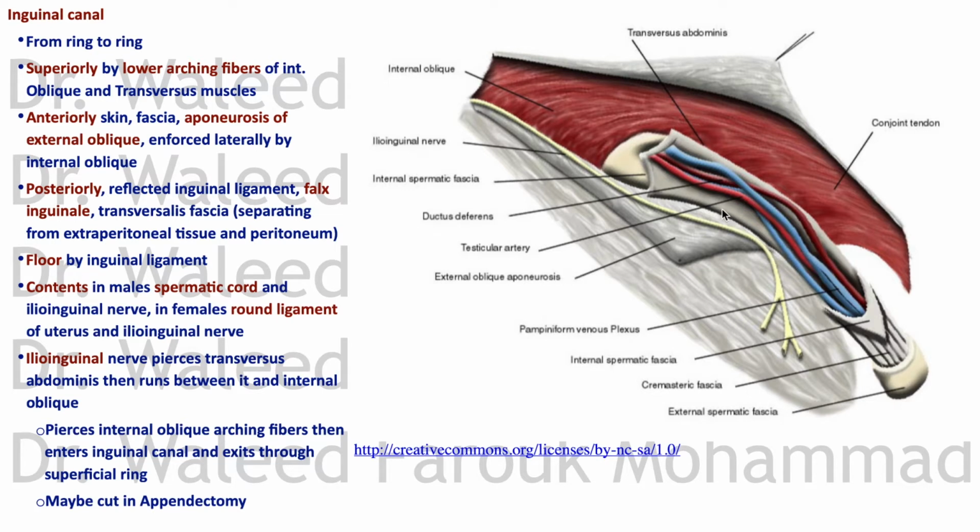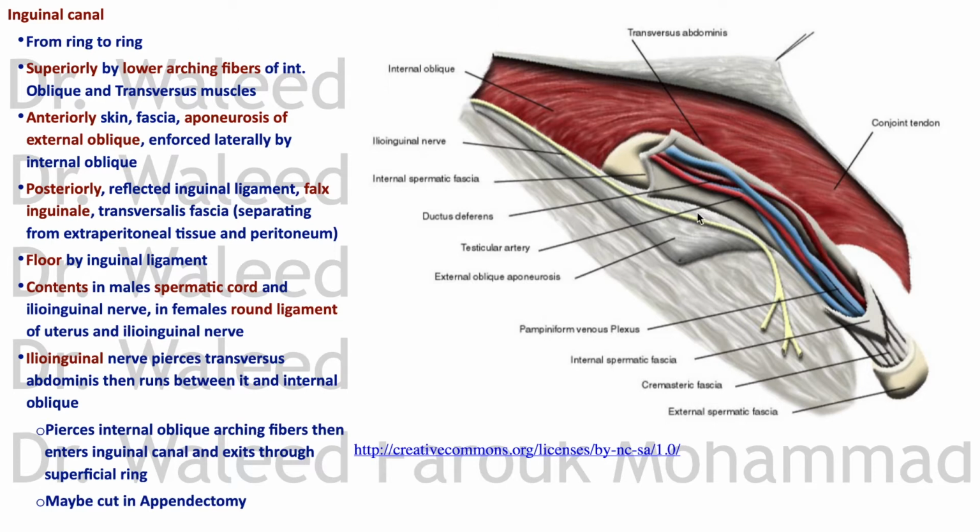And the contents of the canal in males are the spermatic cord and the ilioinguinal nerve, while in females, instead of the spermatic cord, we have the round ligament of uterus, which is the distal end of the gubernaculum. The gubernaculum is the structure that guided the testis in males to come out through the inguinal canal, and then it will get atrophied.